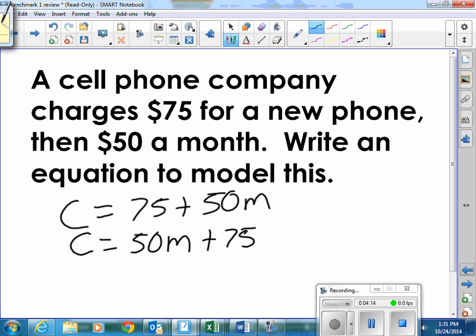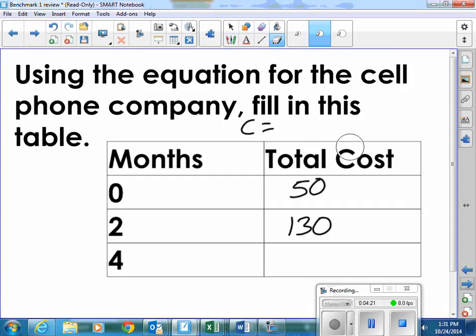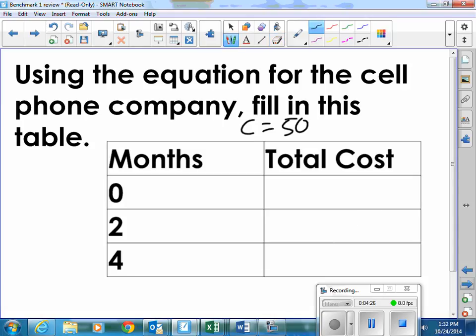Oops, that was a 75 plus 50 per month. So 0 months, 75. 2 months, 50 for 2 months would be 100 plus the 75. $50 for 4 months, 50 times 4 is 200 plus the 75.